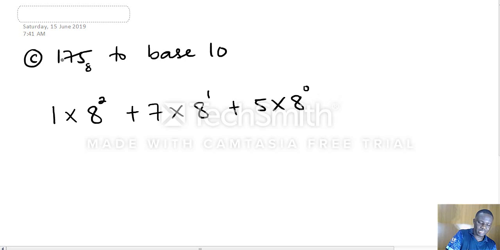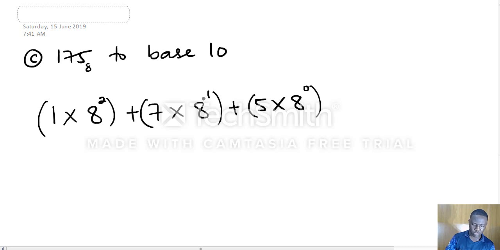That is, this is 1 times a multiple of 64. This is telling us that it is 8 raised to the power 1 in 7 places. So in converting from this other base to base 10, we use the expanded method to expand it and thereafter simplify, and when you sum them together, it gives you its equivalent in base 10.